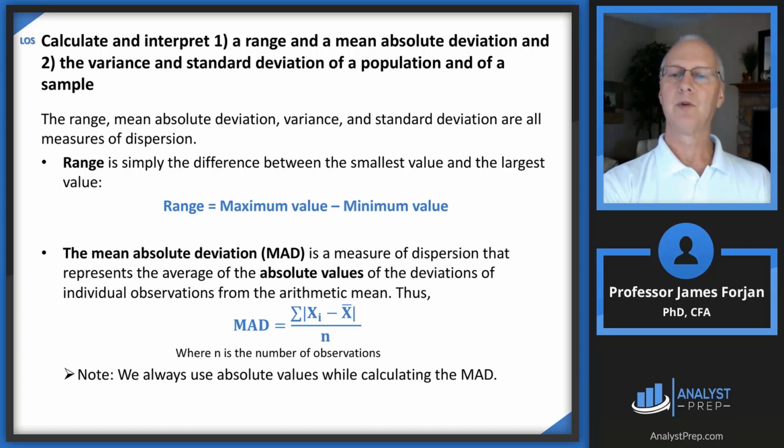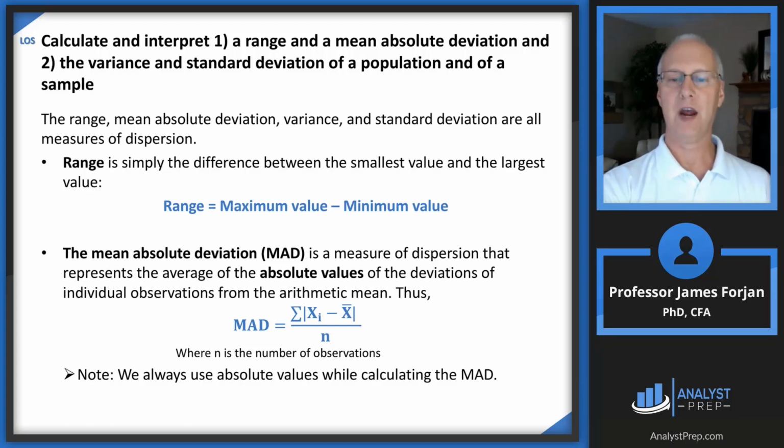The mean absolute deviation is going to be exactly what that term suggests. It's a deviation. So notice in the formula we're going to take each value minus the mean value, and we're going to add those, and then we're going to divide by n. So it's kind of like an average error.